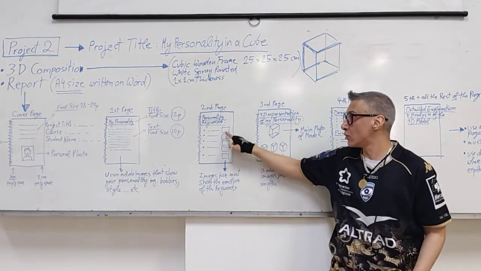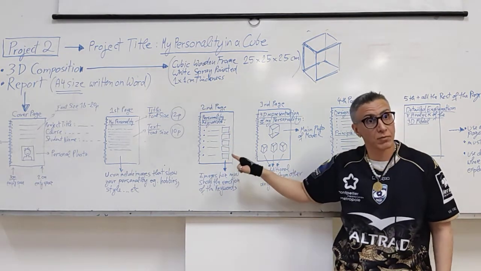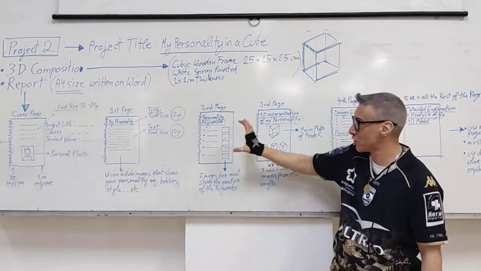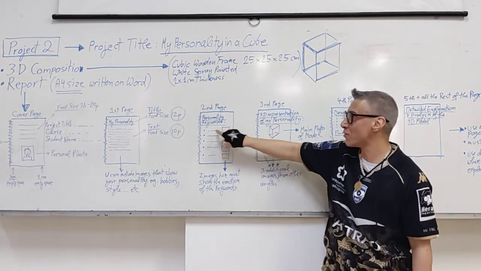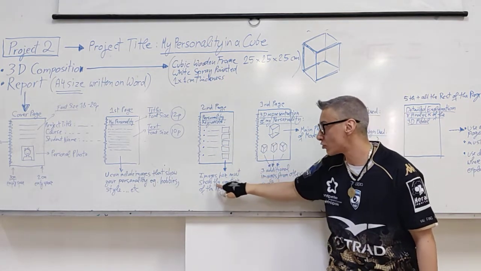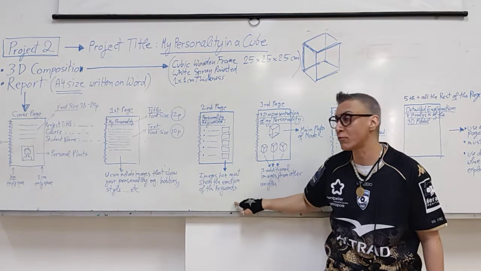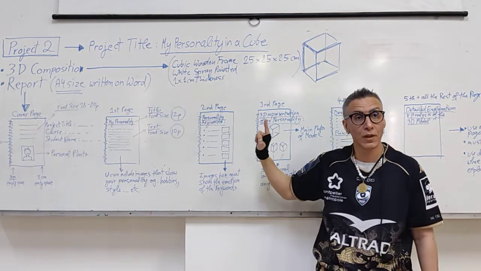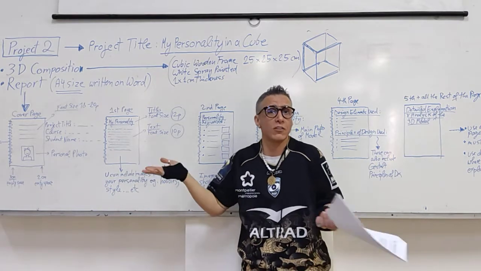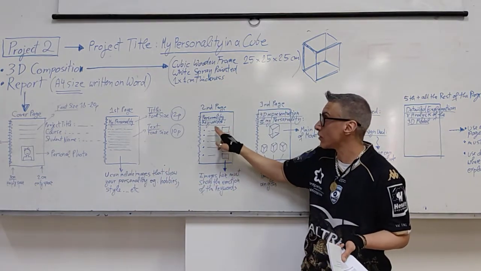You must also include images here, preferably. These images, not preferably, you must include images here. So you have a keyword and an image, keyword, image. These images must show the emotion of the keyword. Be careful. Here the images show your hobbies, your style, these kinds of things. Here, the image must show the keyword.